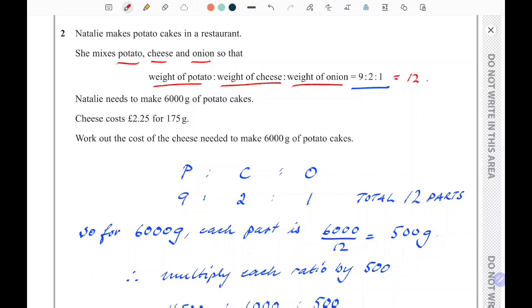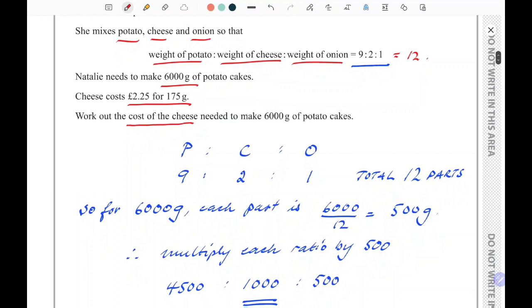Natalie needs to make 6,000 grams of potato cakes. And we're told that cheese costs £2.25 for a 175 gram packet. They want to work out the cost of the cheese for this particular amount, so 6,000 grams of potato cakes.